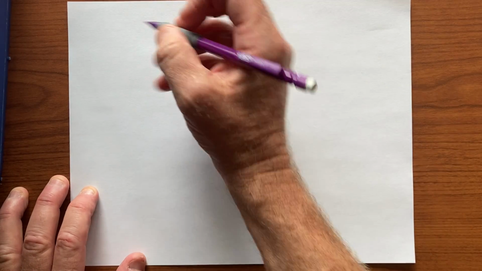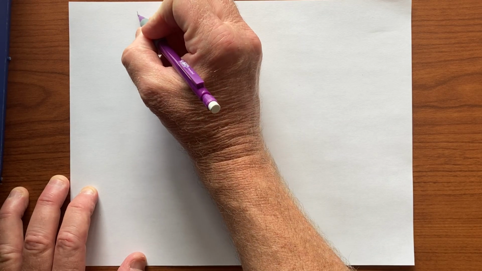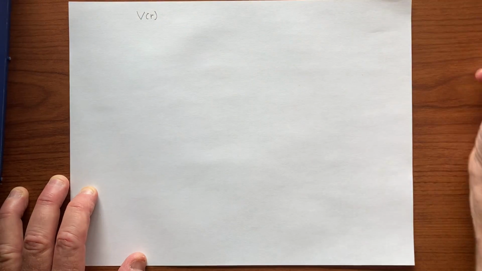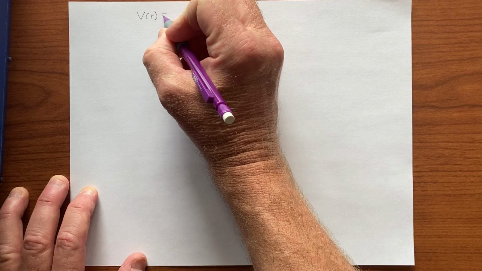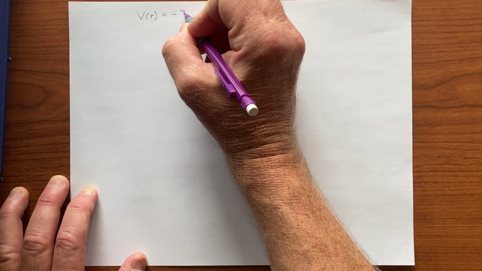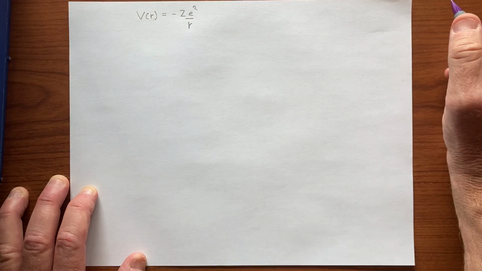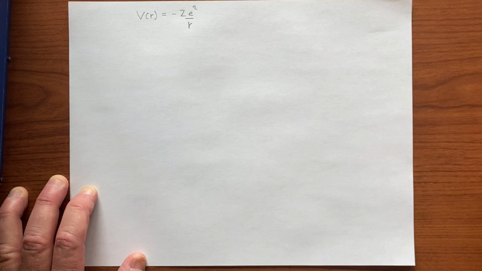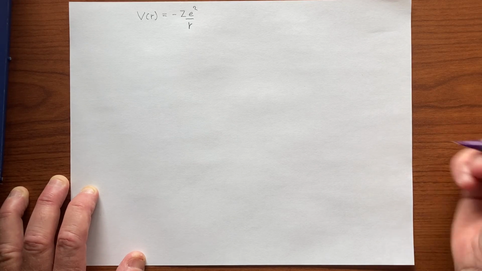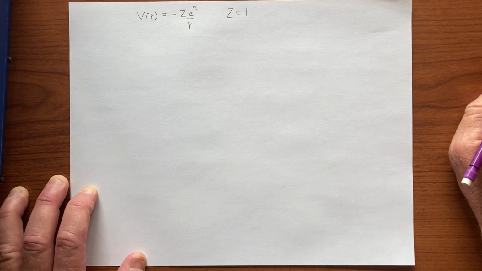Okay, so let's think of the hydrogen atom where the potential is spherically symmetric, minus Z e squared over the radial distance. I guess this is in CGS units. Hydrogen has Z equals 1.